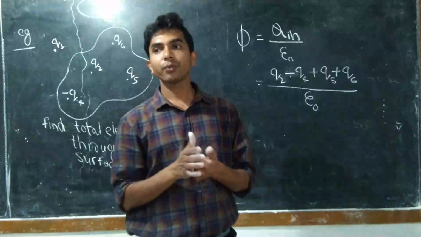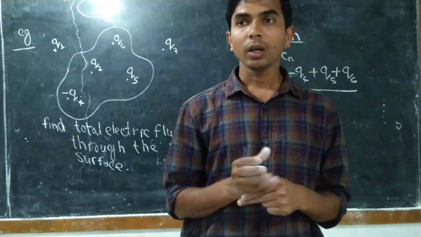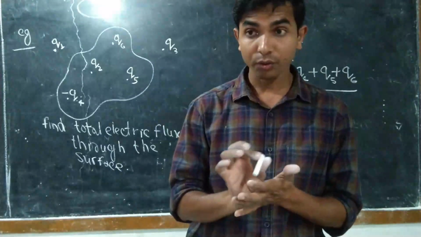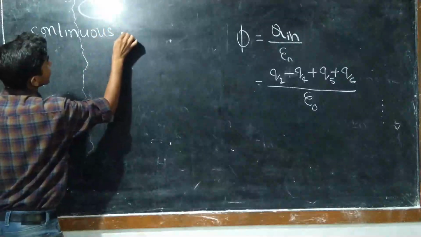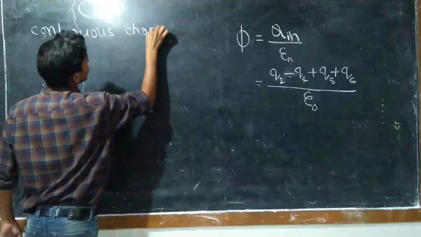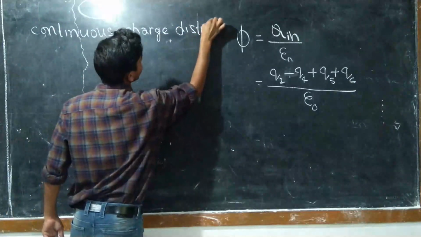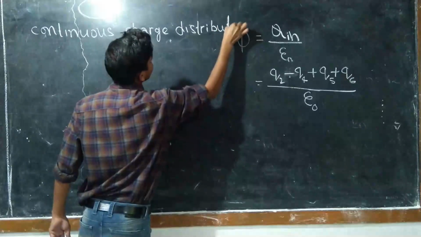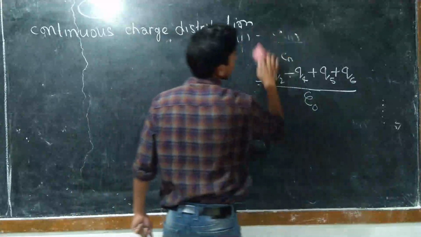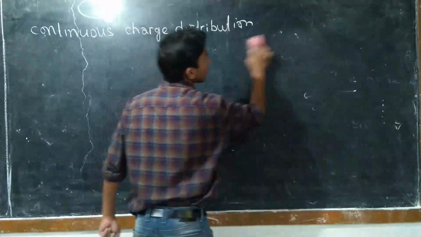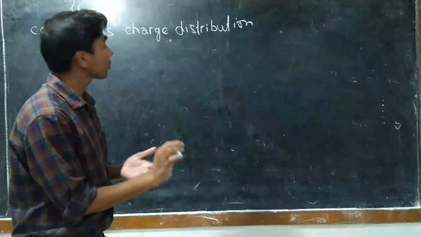Now next we are going to discuss continuous distribution of charge. Basically there are three types of continuous charge distribution.